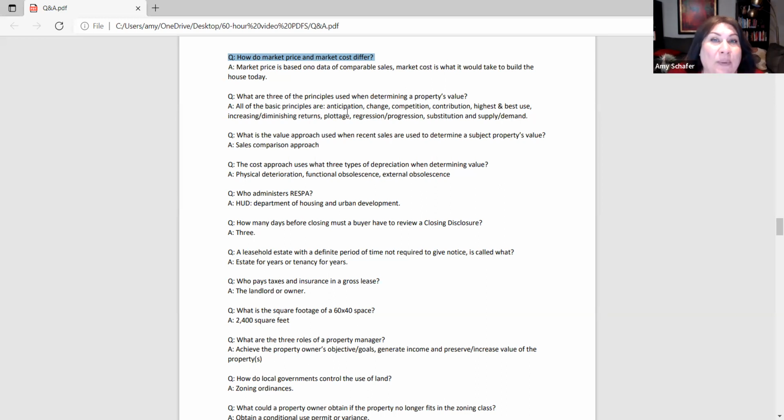But obviously we're not reselling new construction, so we've got to bring that value down based on three depreciation factors: physical deterioration, functional obsolescence, and external obsolescence. Physical deterioration is going to be basic wear and tear, easy to fix. Functional obsolescence is going to be things that are just undesirable because of how the property functions. There's something inconvenient about it.